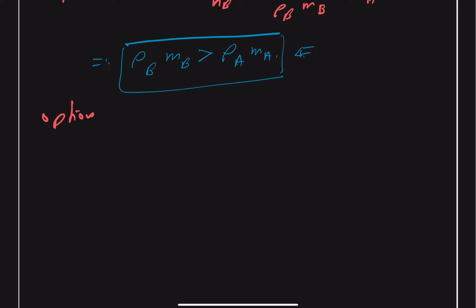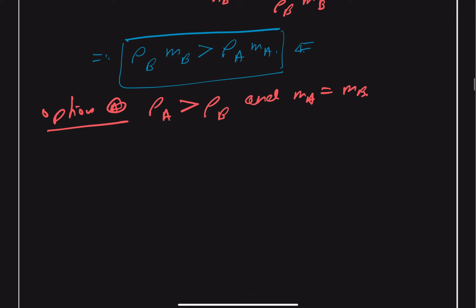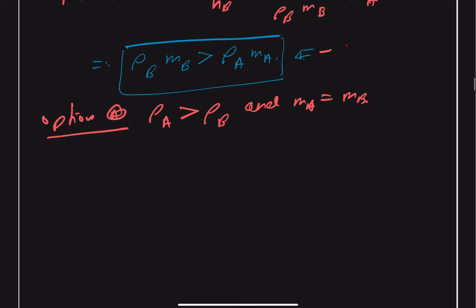We have option A that is given as that rho A is greater than rho B and MA is equal to MB. Now it is given that MA is equal to MB. So let us write this as equation number 2.